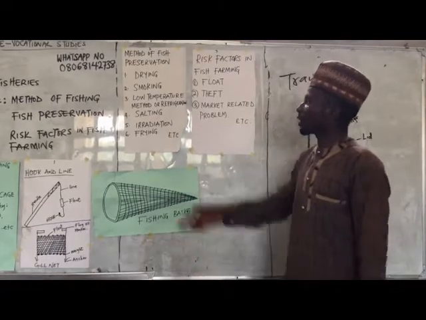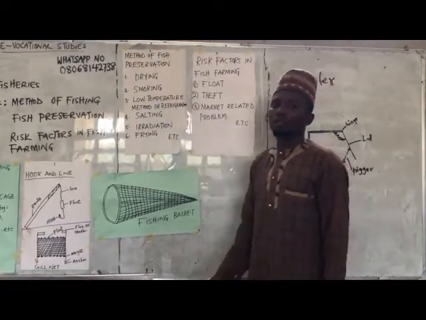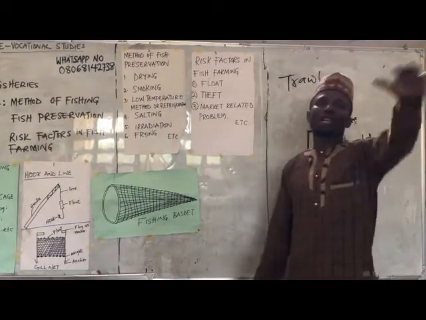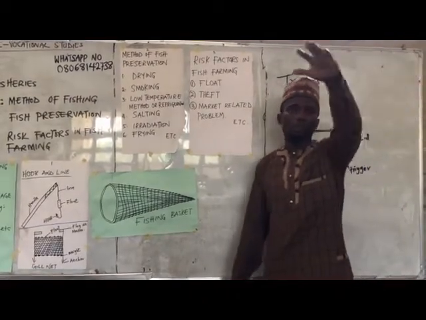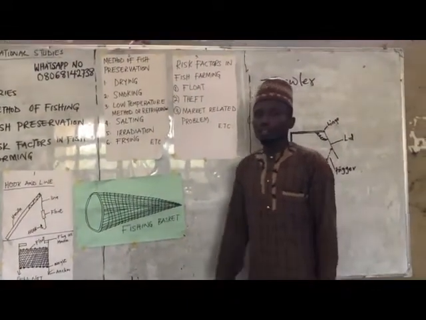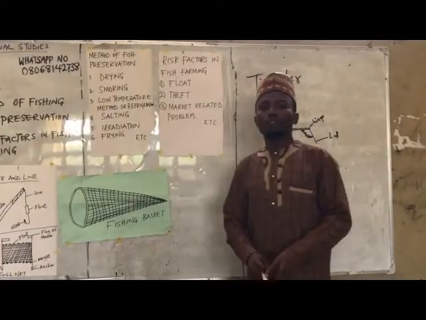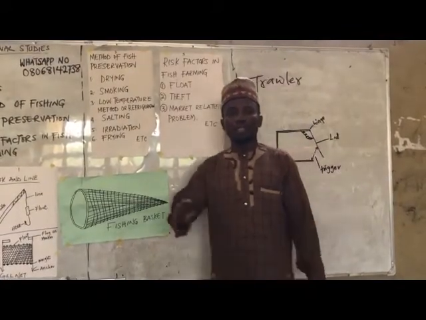Then how do you preserve it? One, drying. We have drying method. This drying method is to place it under the sun. In an open place outside, you place it under the sun for the sun to heat. So during this process, the moisture content of the fish is reduced.